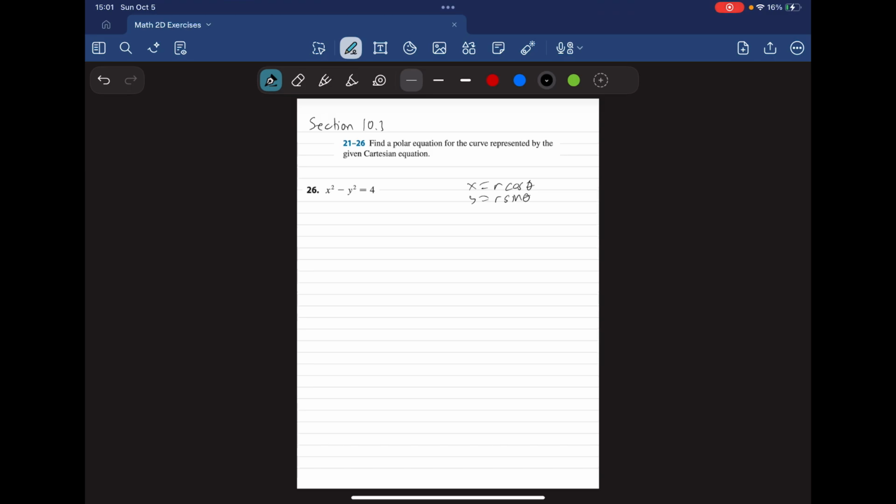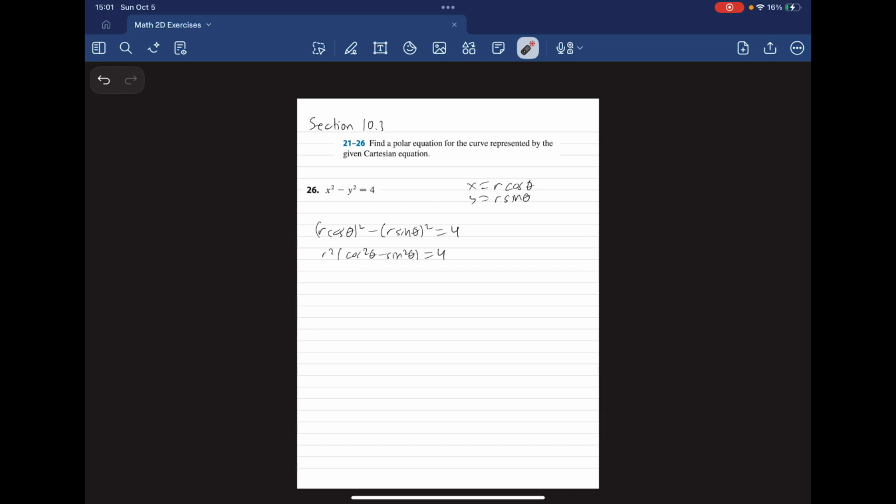And so just plugging these in for x and y, we're going to get r cosine theta squared minus r sine theta squared is equal to 4. Or if we factor out the r squared and clean up a bit, r squared times this is equal to 4.